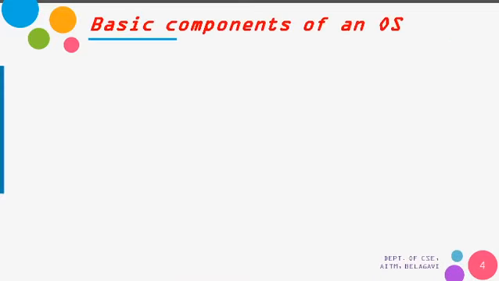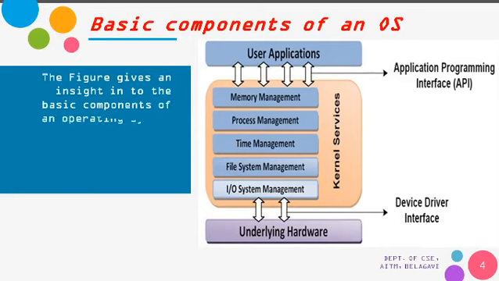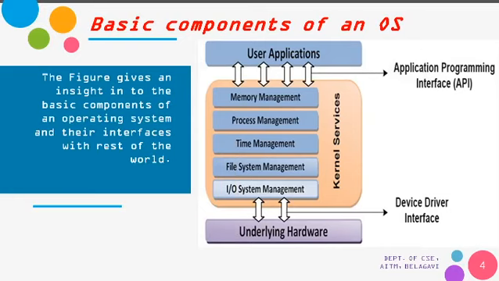Now going to the basic components of operating system. Okay, so this figure gives the insight into the basic components of operating system and their interfaces with the rest of the world here. So in this figure we can see the user applications, the kernel services and the underlying hardware here. So kernel is a part of the operating system, which gives services like memory management, process management, time management, file system management, then input output system management here.